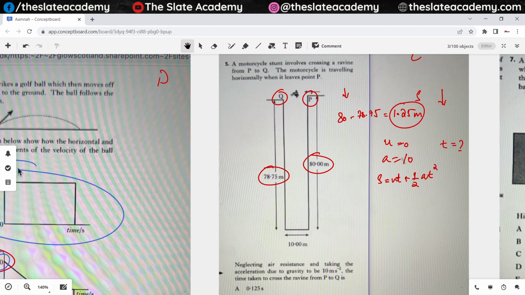Since U is 0, UT becomes 0. 1.25 is equal to 0 plus half into 10 into t squared. So 2 ones are 2, 2 fives are 10. So 1.25 divided by 5 is equal to t squared, and t will be equal to the square root of 1.25 divided by 5.